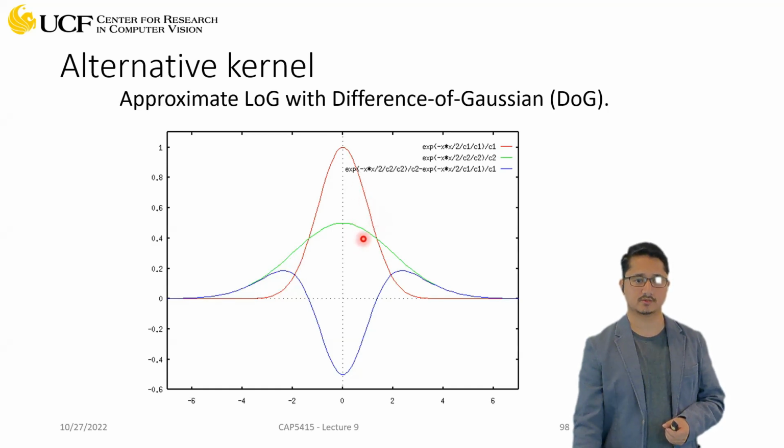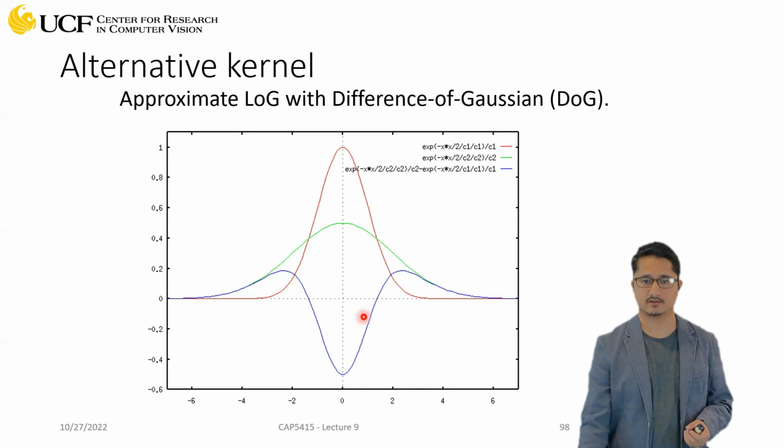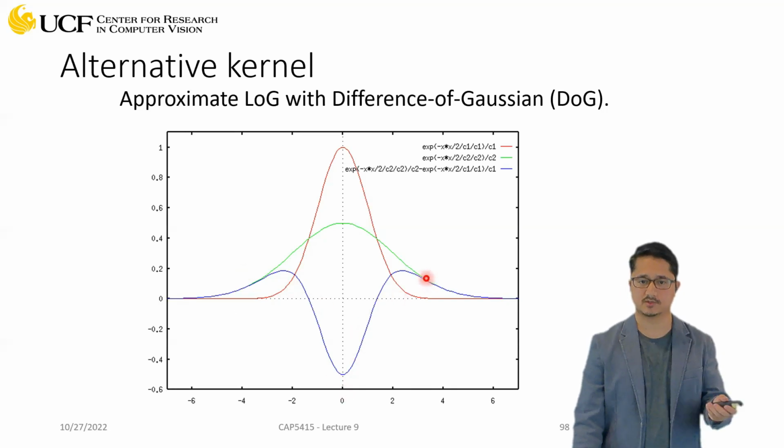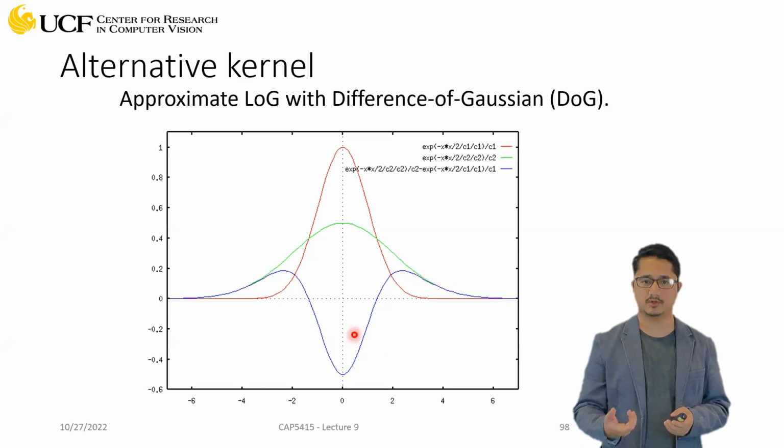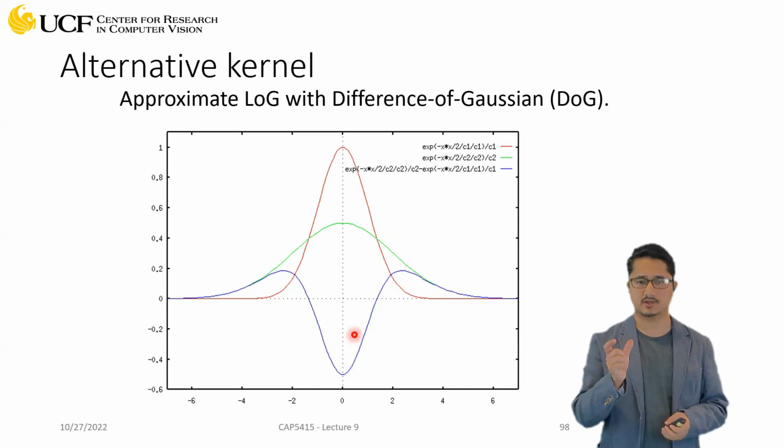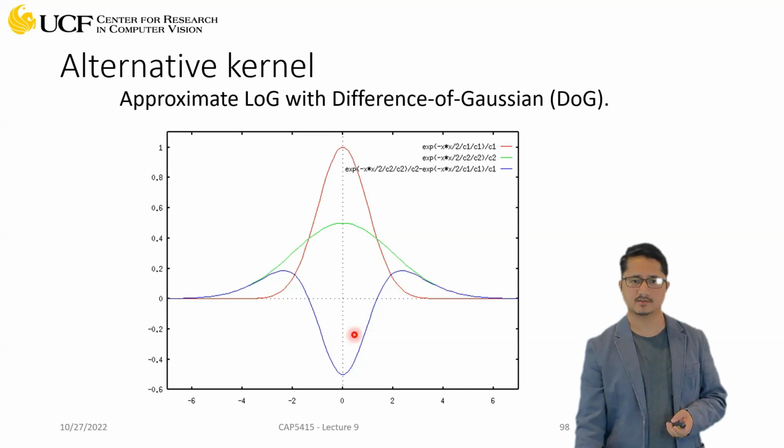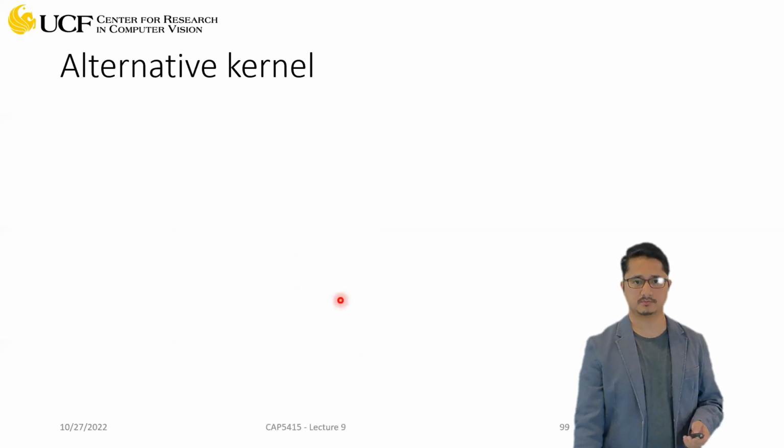That difference gives you a function which looks like an inverted Mexican hat, which is your Laplacian of Gaussian function. So you don't have to compute derivatives, which is kind of expensive because you have a multiplication operation there. Instead, you just compute difference of Gaussian, which is computationally cheaper than multiplication. All right, so let's see how we can use this difference of Gaussian.